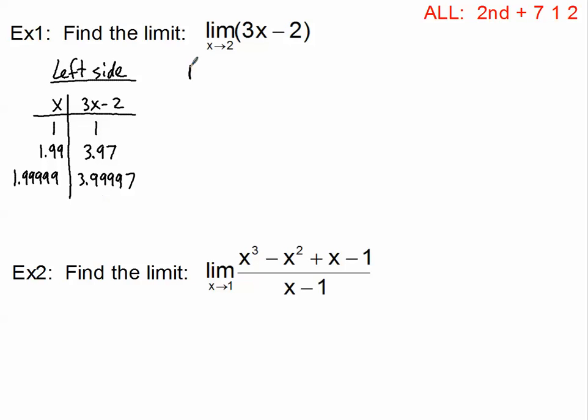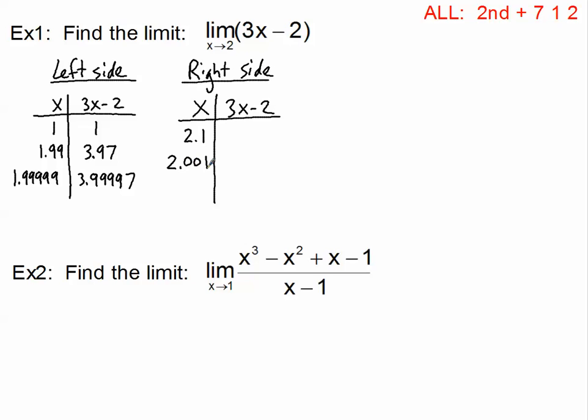Let's see what's happening on the right side, because we're interested in both sides. Same thing, we've got our x's, and we're going to be plugging it into 3x minus 2. So let's get some numbers that are close to 2 but on the right side of 2. For example, 2.1. That's close. Or maybe 2.001. Or maybe even 2.00001. That's 4 zeros and a 1.